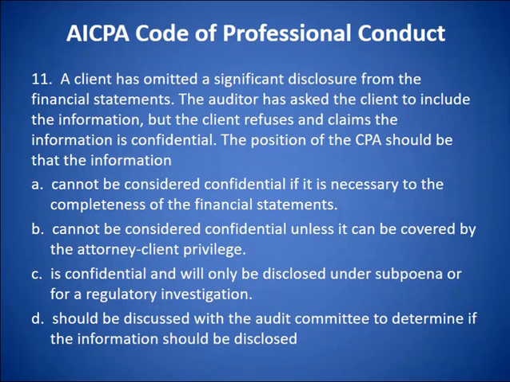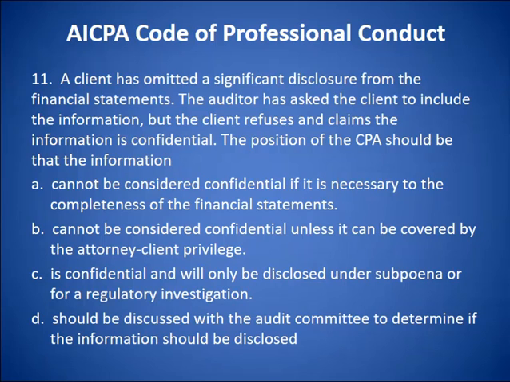Here's one that's a little bit harder. A client has omitted a significant disclosure from the financial statements. Now, the auditors ask the client to include the information in the financial statements, but the client refuses and claims that information is confidential, so it shouldn't be included.